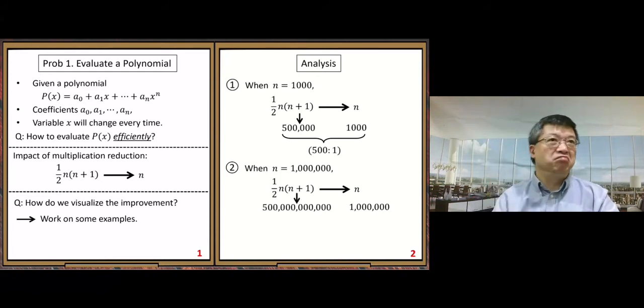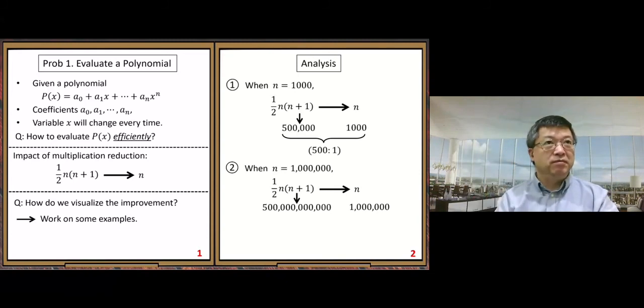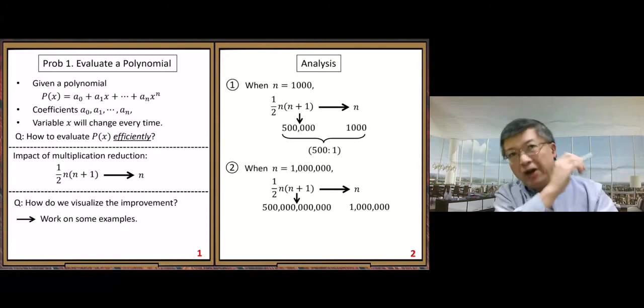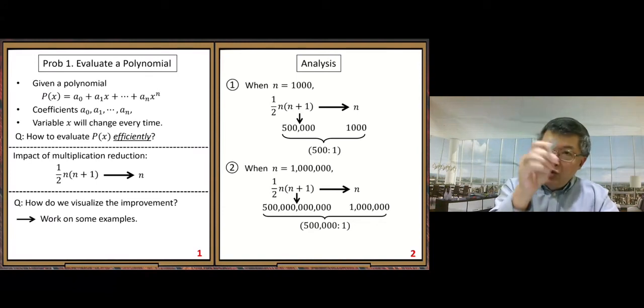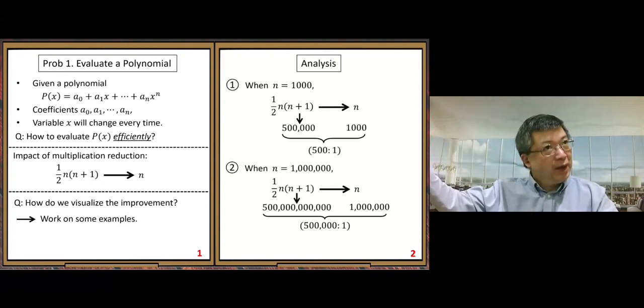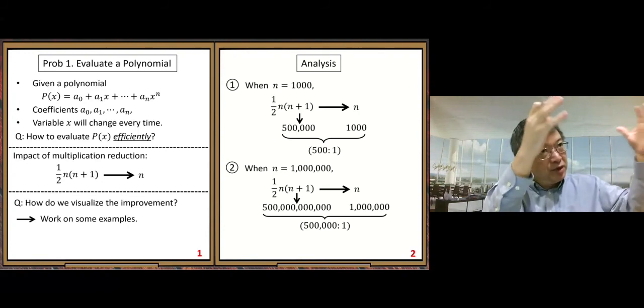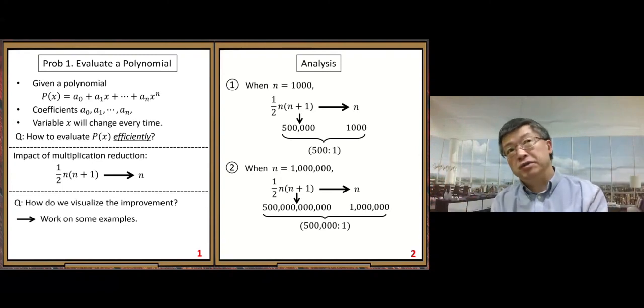Look at this expression. 500 billion. Million, billion. 500 billion multiplications. Imagine that number. The ratio is 500,000 to 1. If the brute force method uses 500,000 units of time, Horner's rule uses just 1 unit of time. That's a big difference.